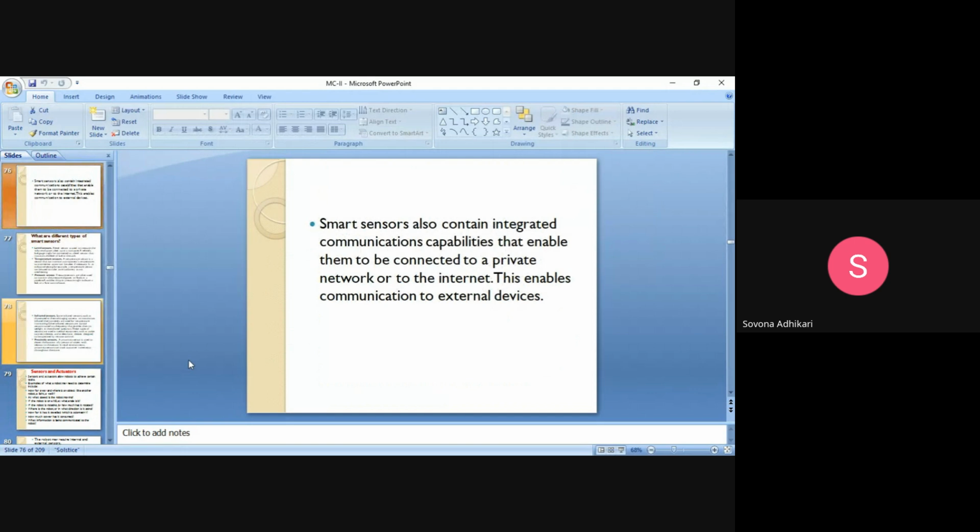It also contains integrated communication capability that enables it to be connected to a private network or to the internet. This feature enables communication to external devices, so the external devices will know that there is some output from the sensor, and the necessary steps can be taken.